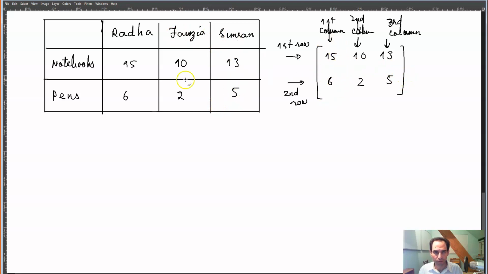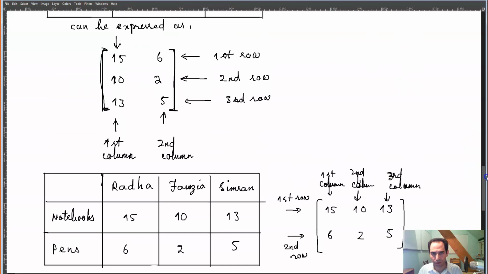The first column refers to the notebooks and pens possessed by Radha. The second column refers to the number of notebooks and pens possessed by Fazia, and the third column refers to the number of notebooks and pens possessed by Simran. And that is basically the difference here.